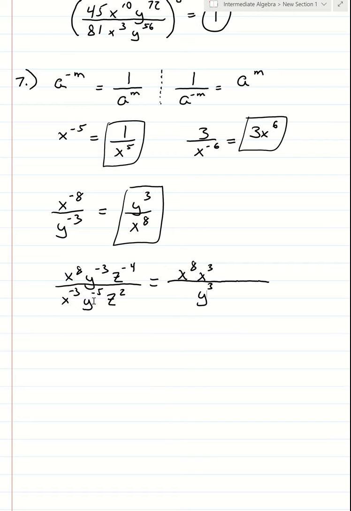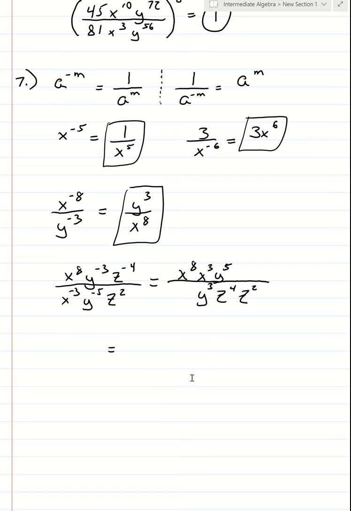Y to the negative fifth, that's in the bottom, I have to move that up to the top. Next, let's go with z, okay? Z to the negative fourth, that's on the top, so I got to get rid of that. That would give me z to the fourth in the bottom. And then z squared, since that's already positive, let's leave it as such, z squared.